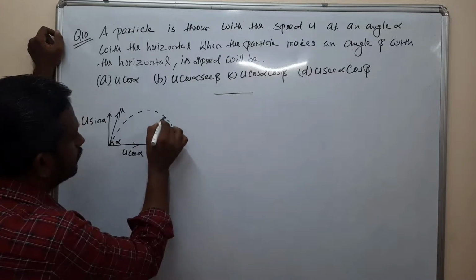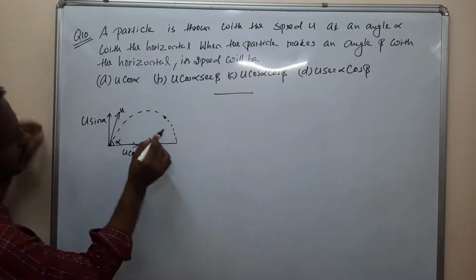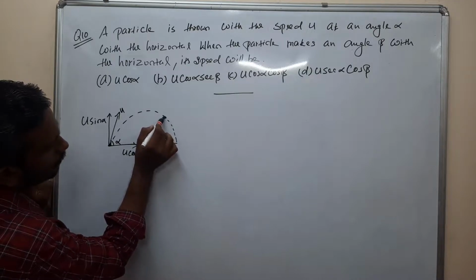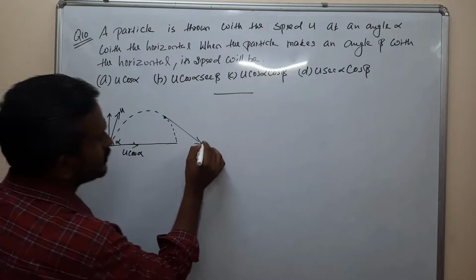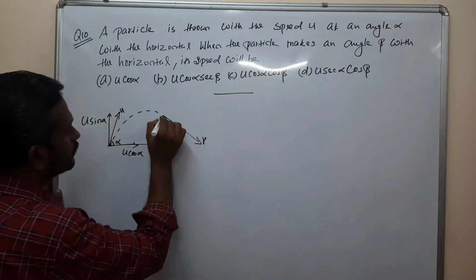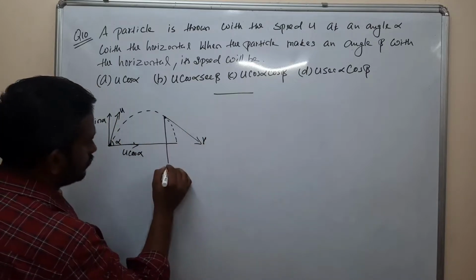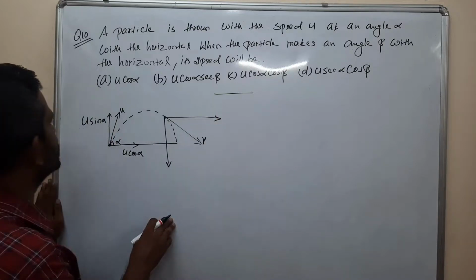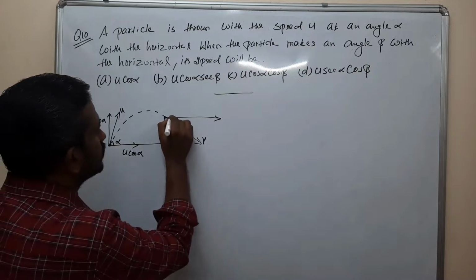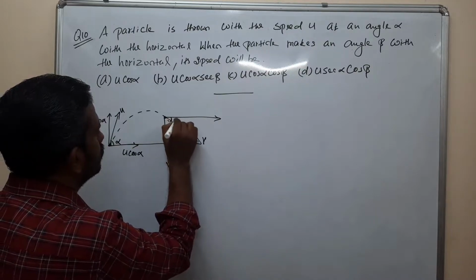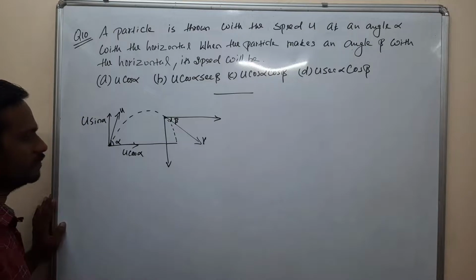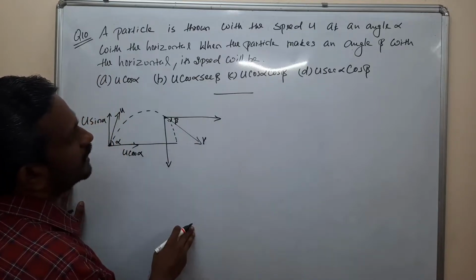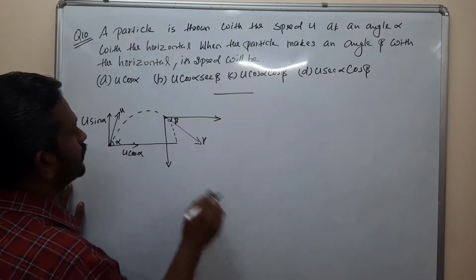So when the particle is at this point, the velocity is acting in this direction. So this is v. The velocity is making the angle beta with the horizontal. So when the particle makes an angle beta with the horizontal, its speed will be.